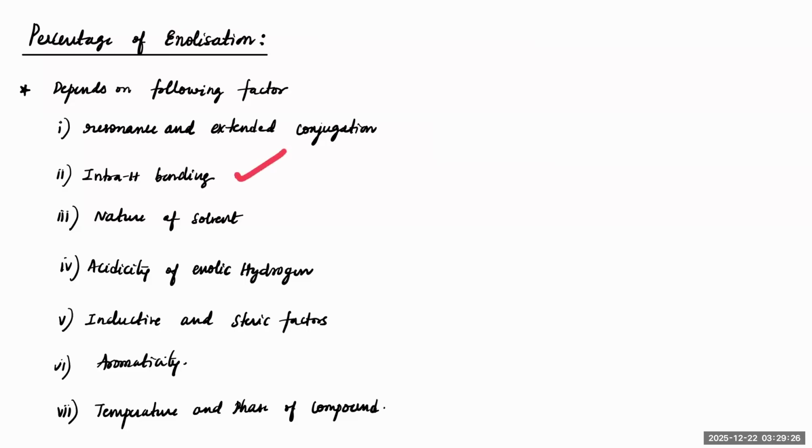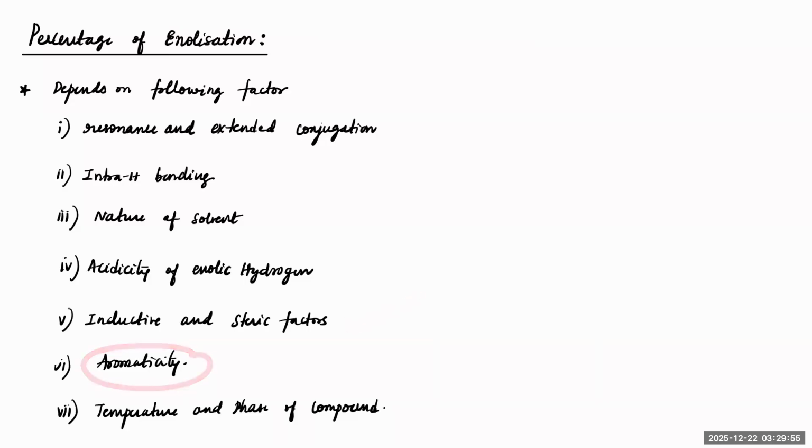Second one is intra-H bonding, in case there is any intramolecular hydrogen bonding established. Nature of the solvent, whether it is polar or non-polar or aprotic and so on. It is acidity of enolic hydrogen. If the hydrogen is much more acidic or less acidic, that depends. Then you will notice normal inductive effect and steric factors, okay, which we usually check, correct?